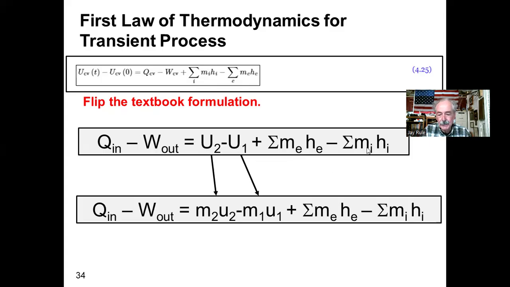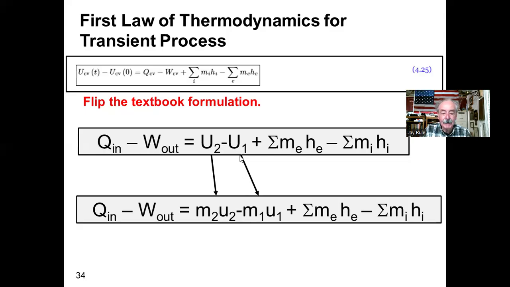Do you see that these are identical mathematical equations, but it's easier for me to visualize what's going on in my head if I formulate equation 4.25 in this manner. And then finally, I have to split out what is capital U2? It's simply the mass at state 2 times the little internal energy, the intensive kilojoules per kilogram u2 at state 2.